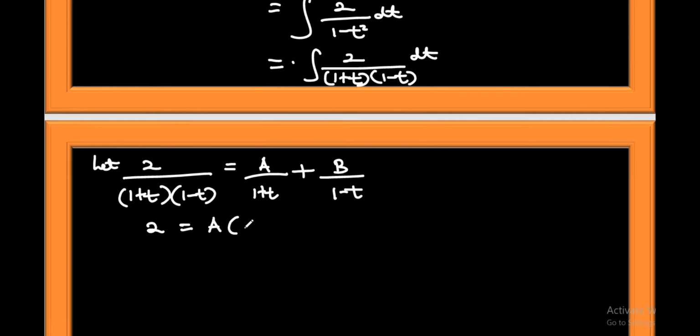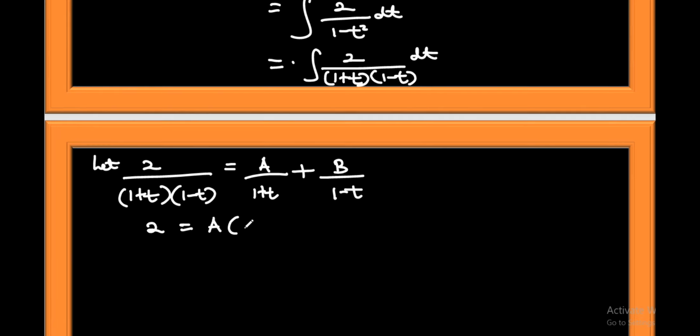So we can now make a conclusion that actually 2 divided by 1 plus t into brackets 1 minus t is actually equal to a, but a is 1, 1 out of 1 plus t plus b, but b is also 1, divided by 1 minus t.